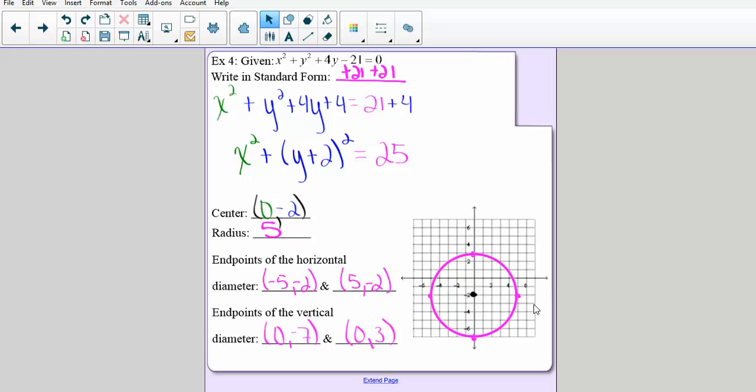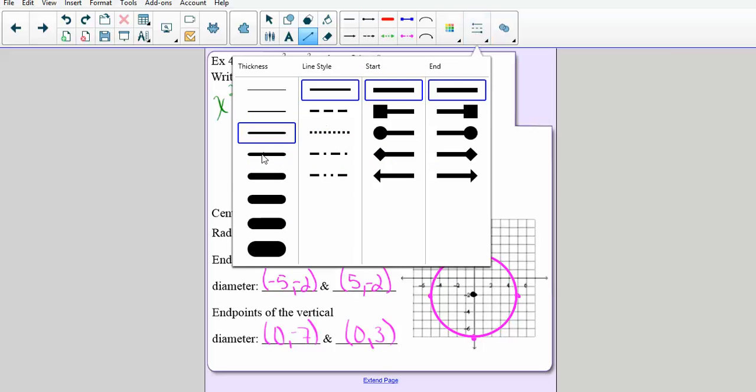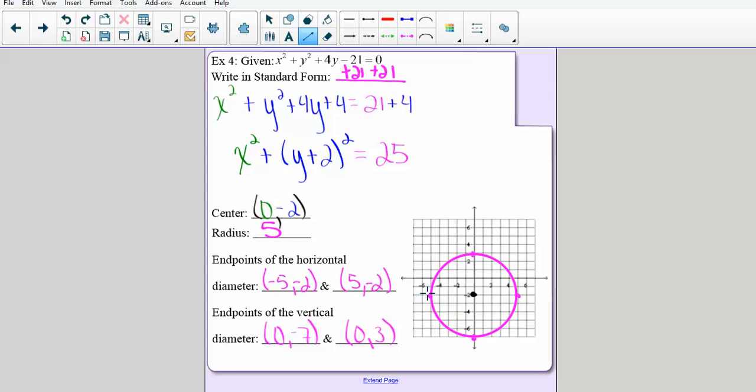So here is the circle that you guys should have gotten. For your horizontal diameter, remember, diameter goes through the center of your circle. When I graph my circles, I told you guys you can count left or right that many. That's basically your horizontal diameter. So when you're at your center, if you count 5 to the right, you are at 5, -2.